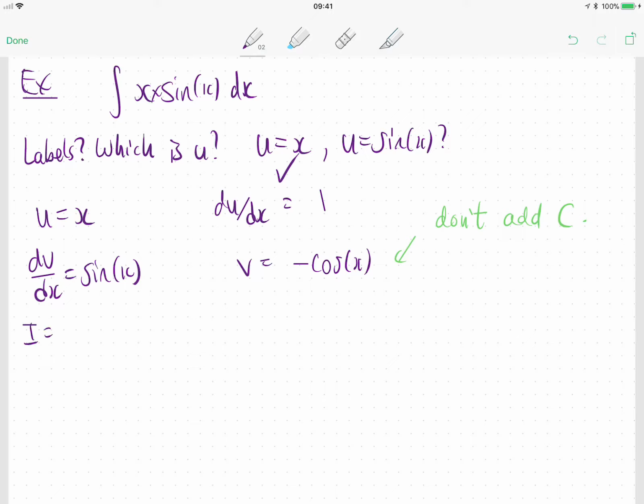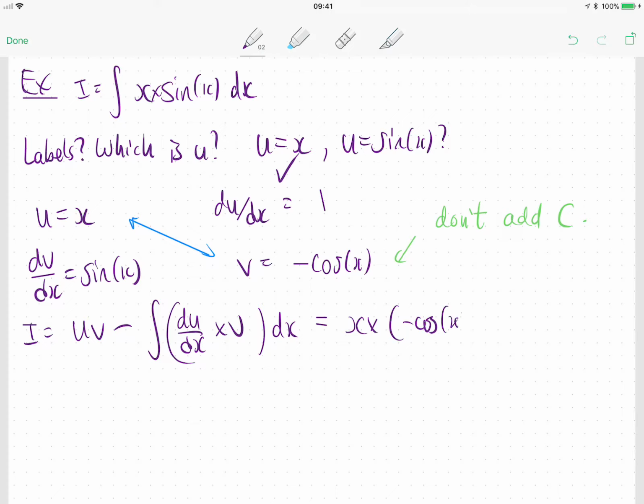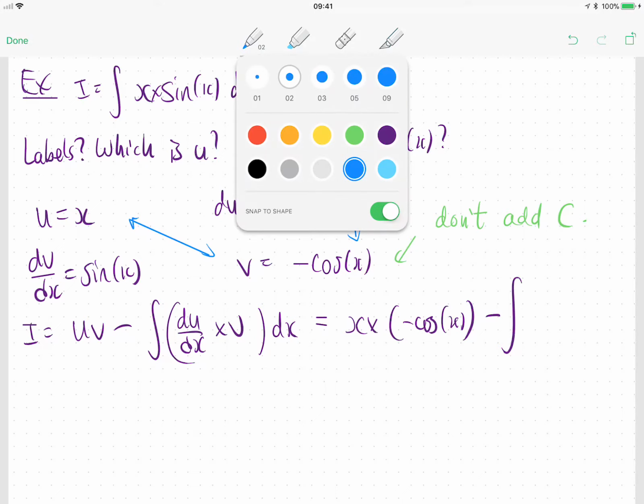Okay, so parts formula. I'm going to label my question I for integral. I is uv take away, let me remember, the integral of du dx times v. So u times v, I'm just following my usual pattern, is x times minus cos x. Take away some integral, and I know the integral is just the product of those two.